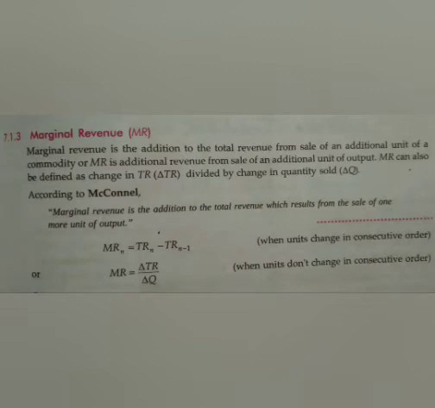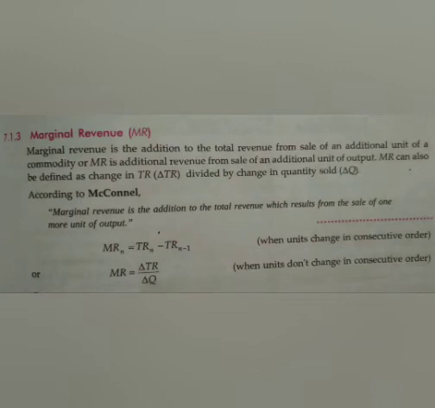For example, suppose I have already sold 3 units of a commodity and I sell one additional unit, the fourth unit. The revenue that I get from there is known as the marginal revenue.